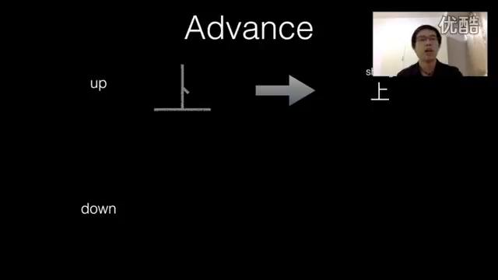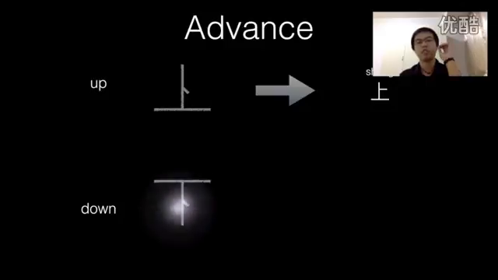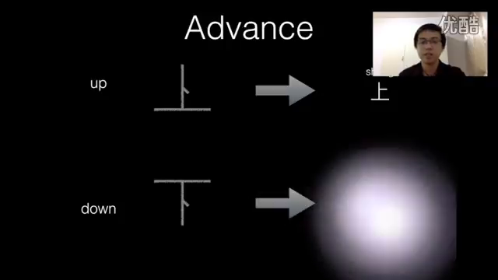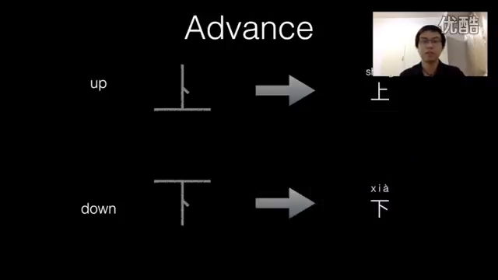We use the same logic to create another word, down: a horizontal, a vertical, and we put the dot below, because we want to focus on the below of the vertical, right? Change it a little bit, and it becomes another word. Done. Both are real Chinese words in our life. So you get up and down. That's easy, huh?